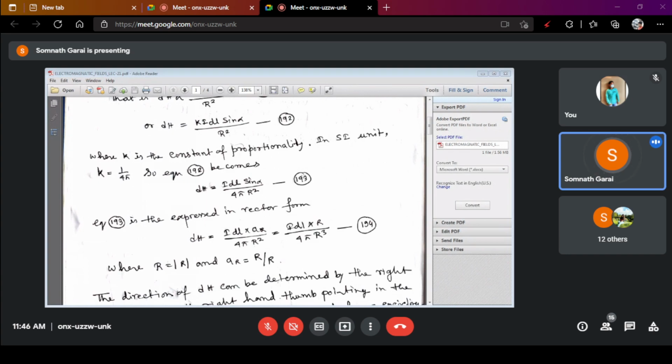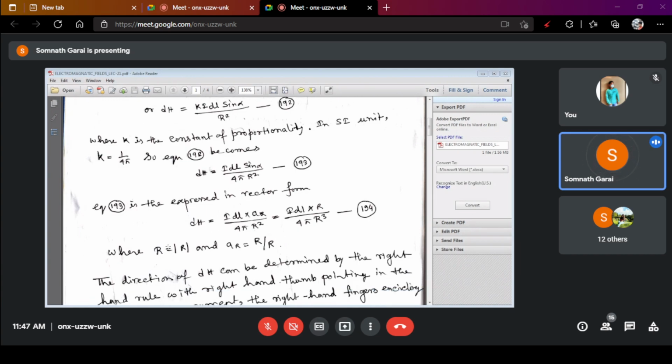Now, if equation 193 is expressed in vector form, sine alpha is represented by a cross product. The vector form of the Biot-Savart law is expressed as dH is equal to I dl cross aR divided by 4 pi R square.